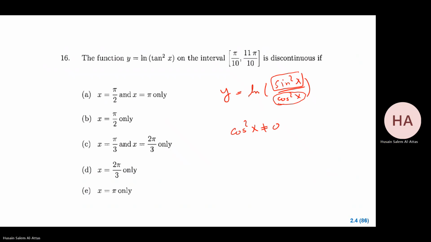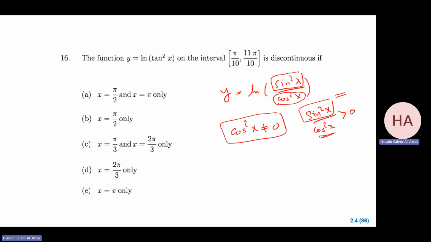Why? Because, how to explain it? I need actually these things to be positive. This is positive, and then negative, so I avoid it being 0, that's it. So I need also to avoid this being 0. So this is not equal to 0, this is not equal to 0.